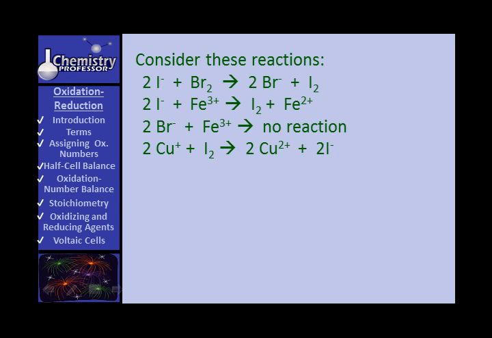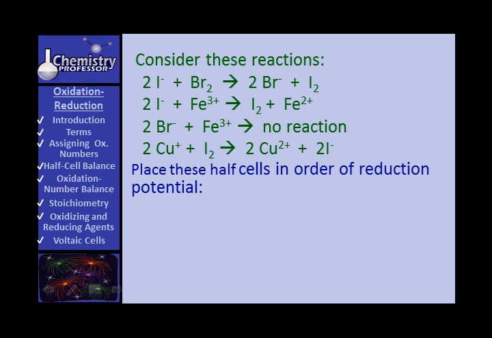And when we put the cuprous ion with iodine, we get the cupric ion plus iodide ion. Now, I want you to place these half cells in order of reduction potential, from the greatest reduction potential to the lowest reduction potential. Pause this presentation while you work.